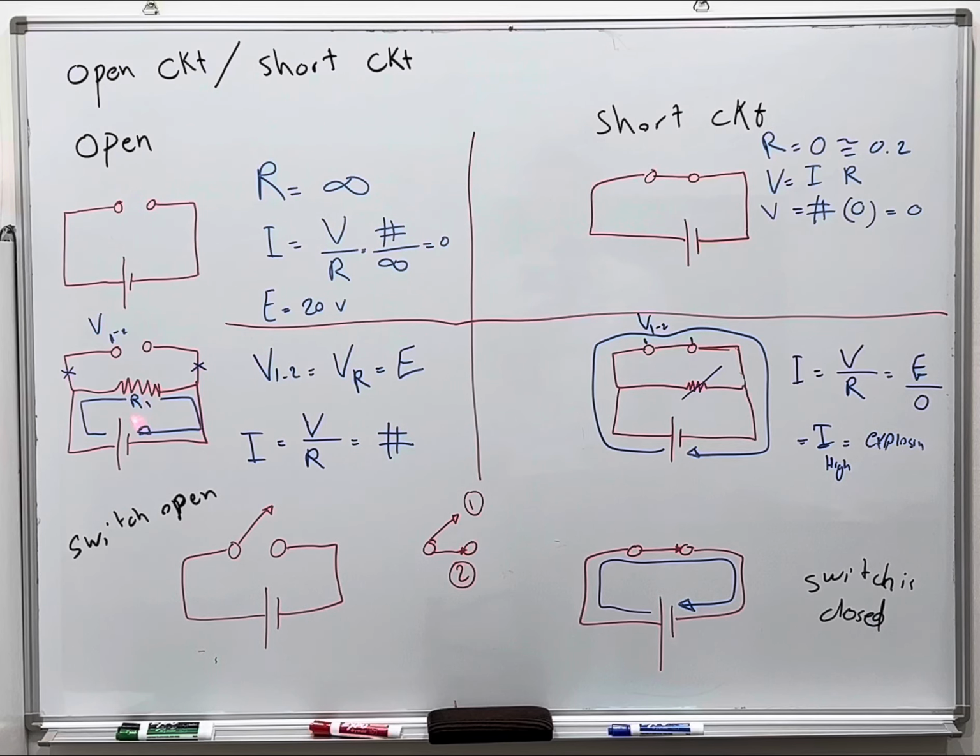So in this case, what is IR1, or I in this area? It will equal V divided by R. These terminals we don't need, and if they appear, it's still the same circuit.